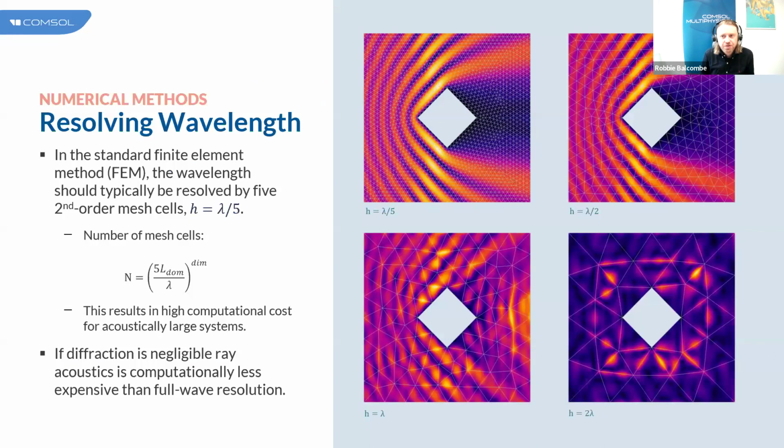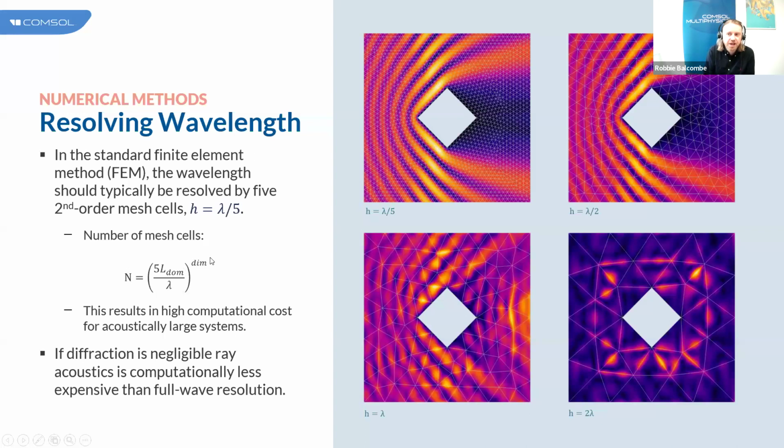So in terms of resolving our wavelength, we can see here that the number of elements is going to be proportional to the wavelength. And here we have a power which is determined by the dimension in which we're modeling. So if we're modeling in 3D, then we have here something that is increasing with a cubic power.